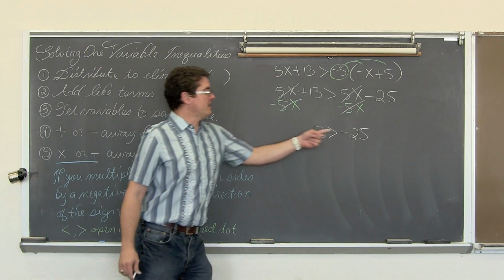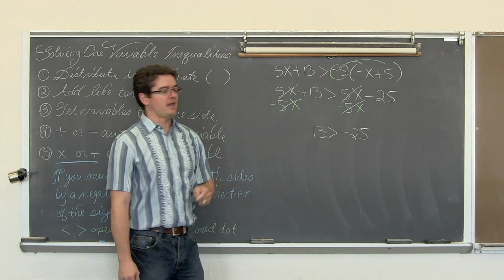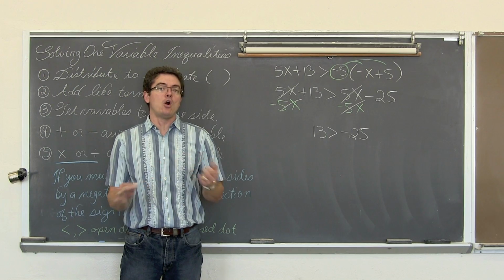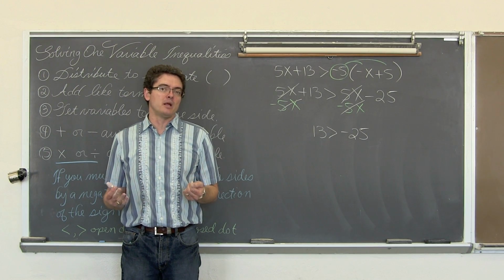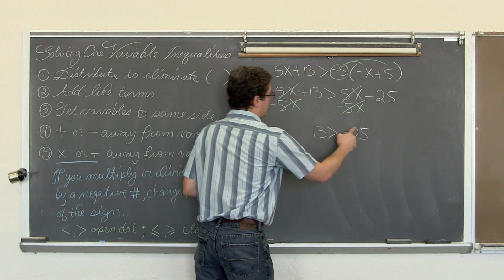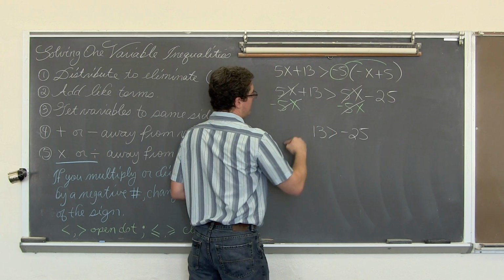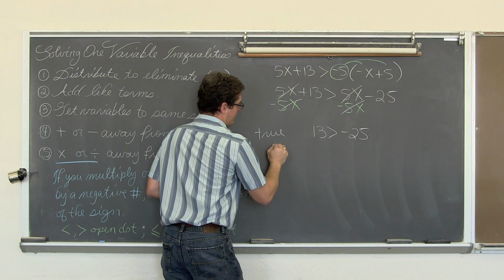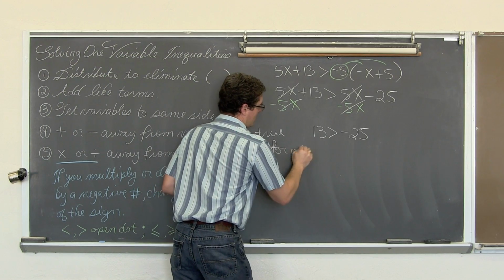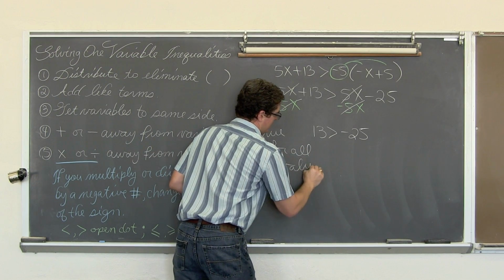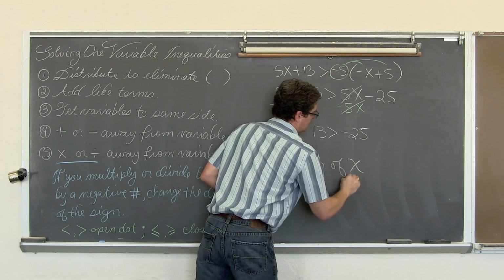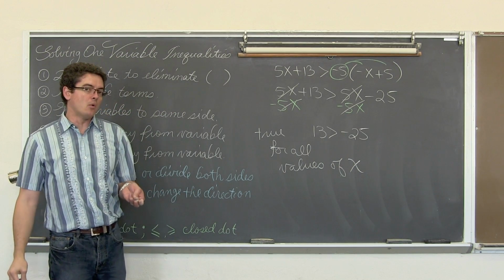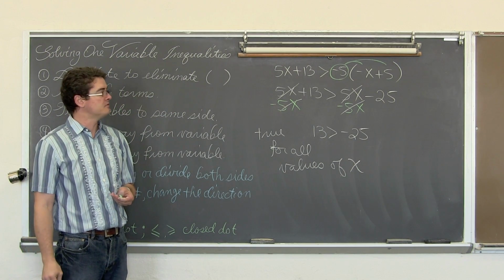So what this is saying is, because the x is completely canceled out, it does not matter at all what values of x you plug in. Every time you plug in an x, they're going to cancel out anyway, and you get this statement that is true for all values of x, because 13 is always going to be bigger than negative 25.